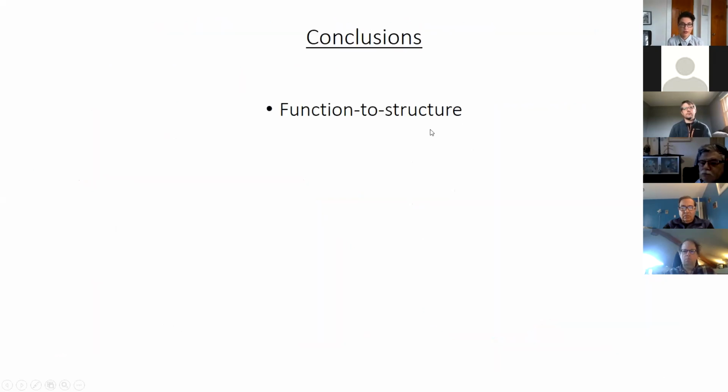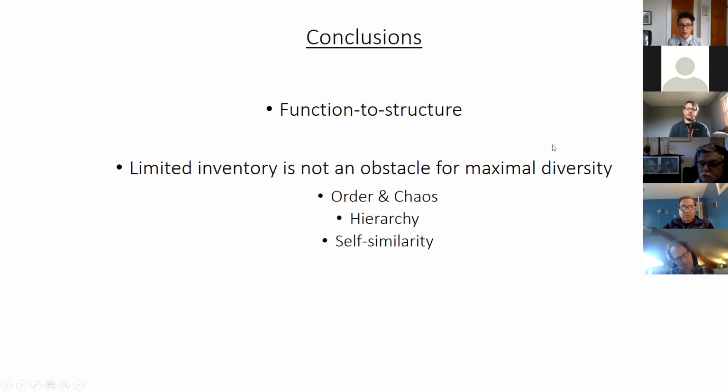So to conclude, my view of skeletal adaptation is that function is first, and it molds the structure. That limited inventory that is at the disposal of nature is not an obstacle for maximizing diversity.